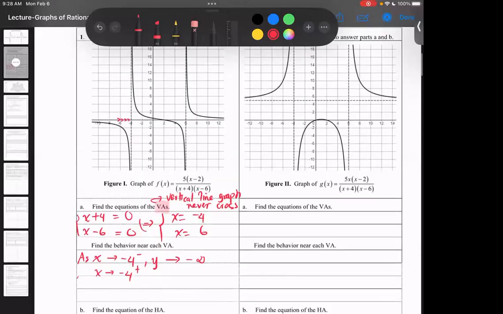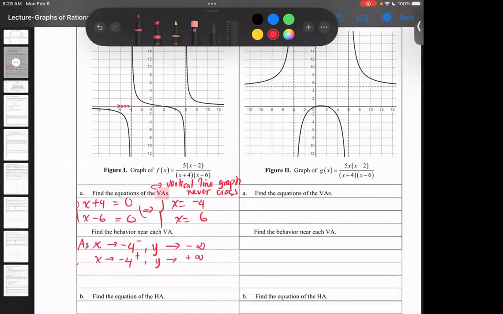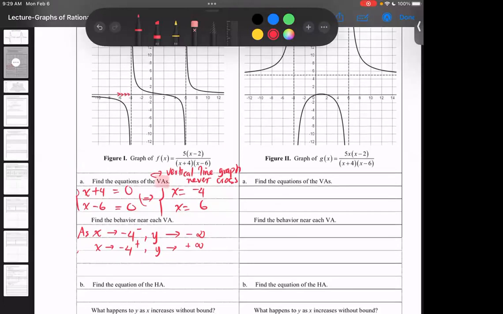Then what happened to y? Yeah, it shoots up to infinity, right? So as x approaches negative 4 from the right, y shoots up to positive infinity. And then you do the same thing for 6 from the left and from the right. As x approaches 6 from the left, y goes to negative infinity, and as x approaches 6 from the right, y goes to positive infinity.